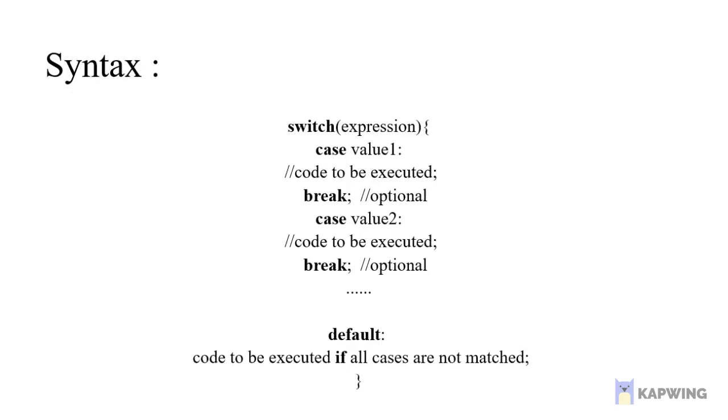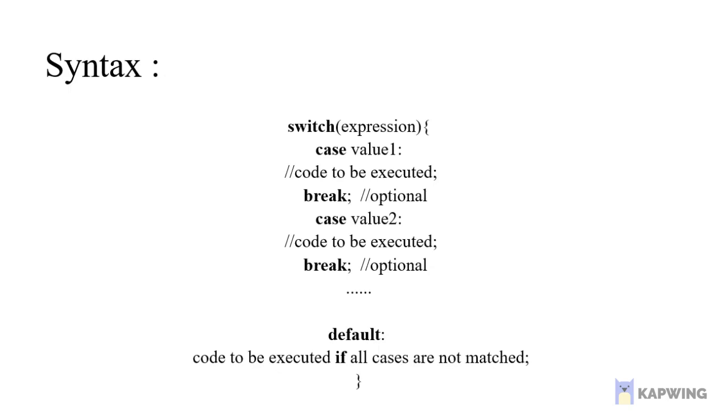Then case number 1 value: if it is case number 1, then it will execute. Next, break, then case 2 up to n number of cases, and next comes the default case. Default: if the above cases do not match, then it will execute the default case. It is not compulsory that we should write the default case.